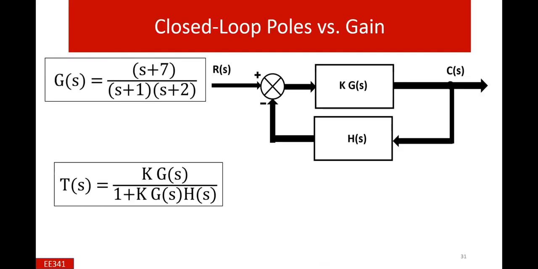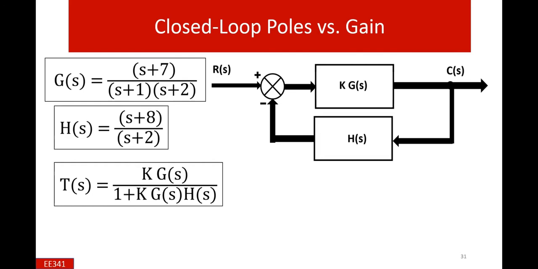In the next example, we find that there is one zero and there are two poles in the forward transfer function, and the feedback transfer function has one zero and one pole, lying at -8 and -2.